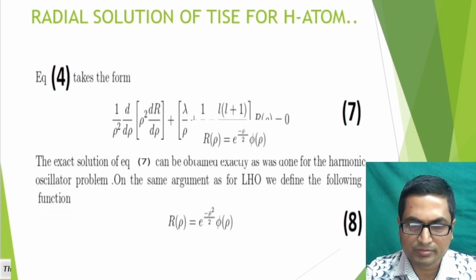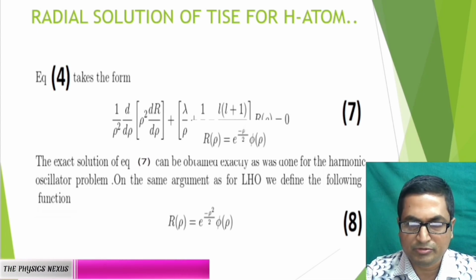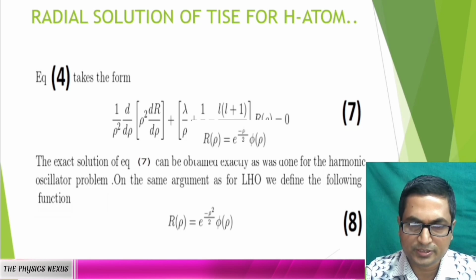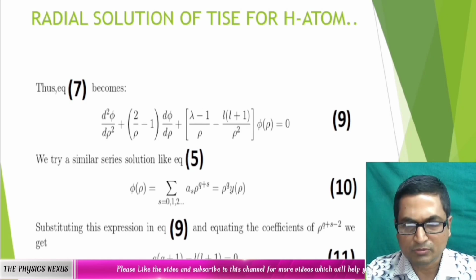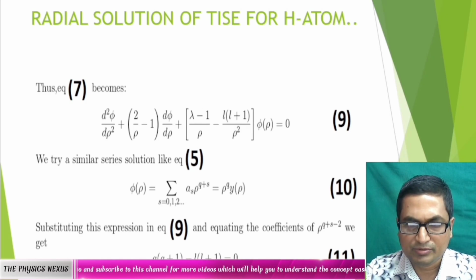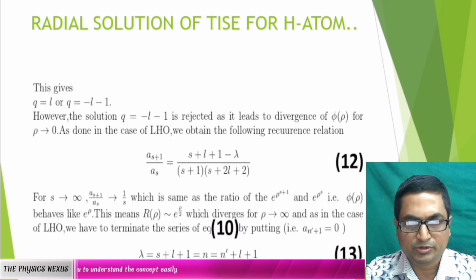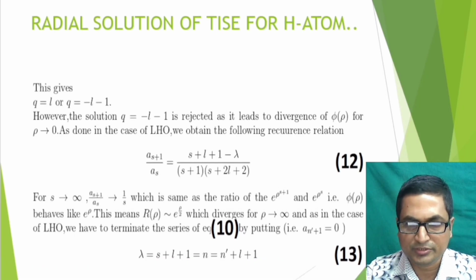To solve equation 7, just like in the linear harmonic oscillator, we put solutions like this, and we need to find this phi, which is given by equation 10. While solving for phi, we have to take q equal to l, because otherwise q equal to -l-1 will lead us to diverging results.